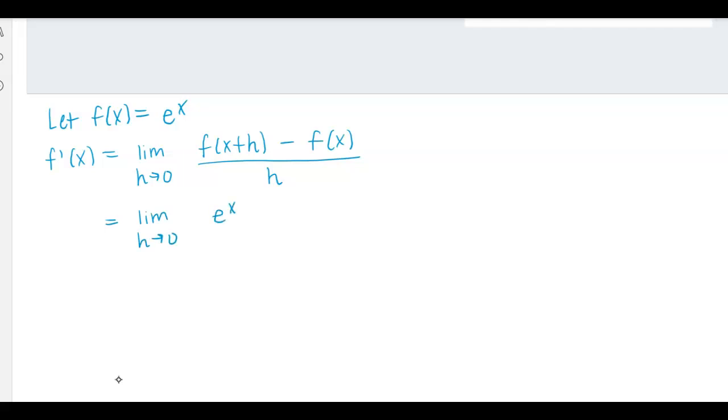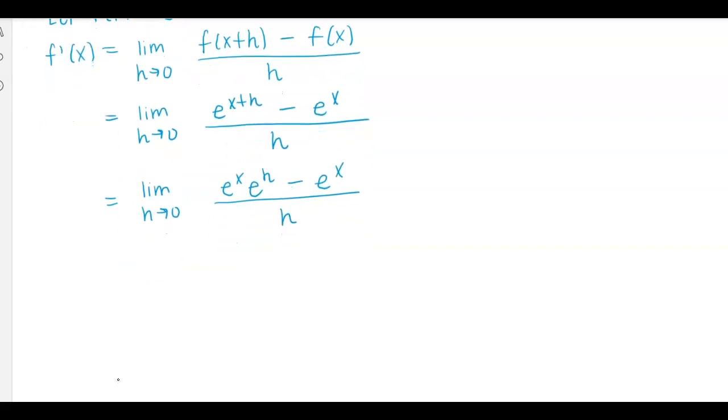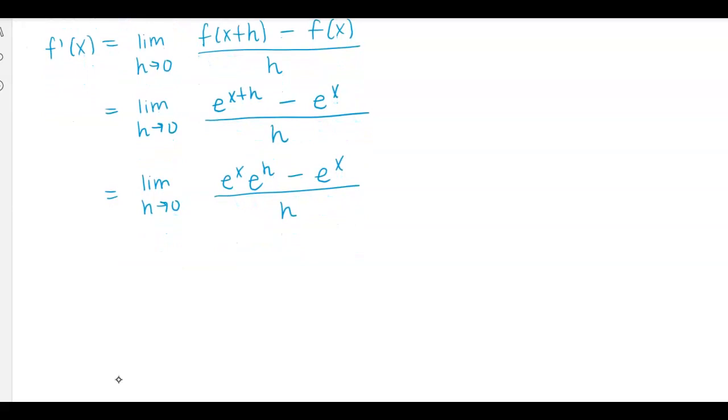So I'll have e to the x plus h minus e to the x. And then when you have exponents that are added, that's the same as if you had the same base and it was multiplied. So e to the x times e to the h. I'm breaking it up like that because then I can factor e to the x out to the front. So I'll have e to the h minus 1.